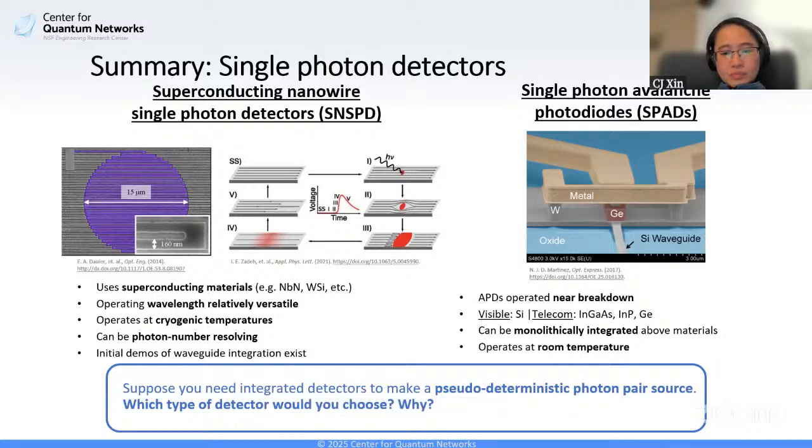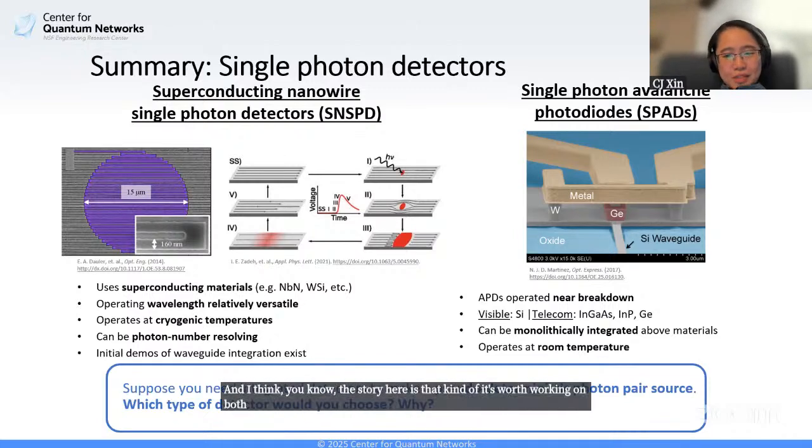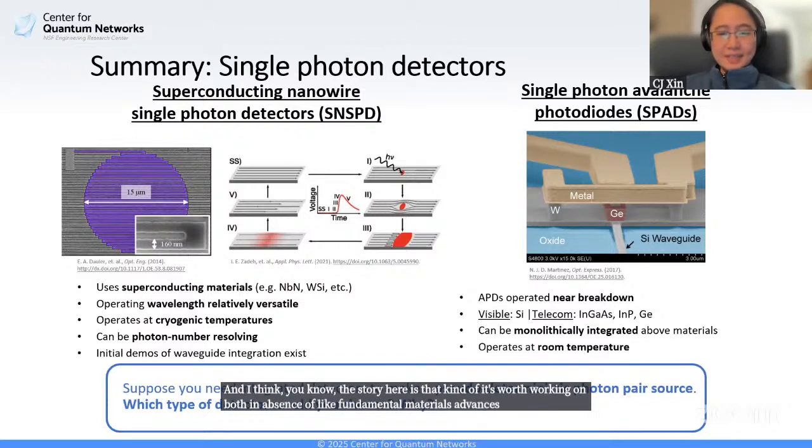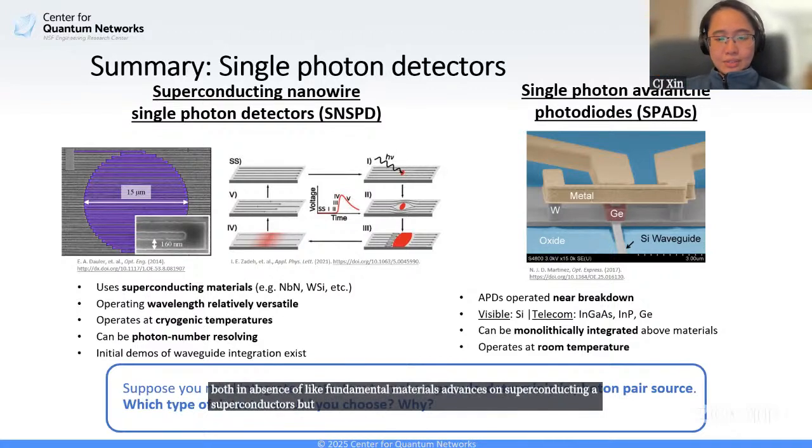I think the story here is that it's worth working on both, in the absence of fundamental materials advances on superconductors. In general, there isn't really something that checks all the boxes yet.